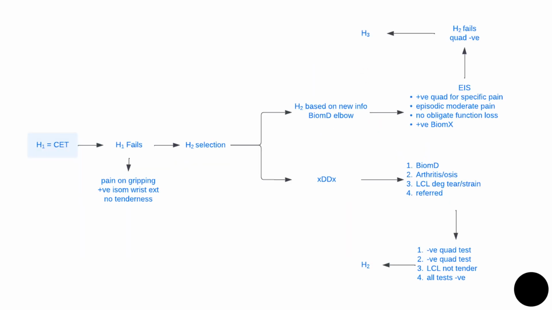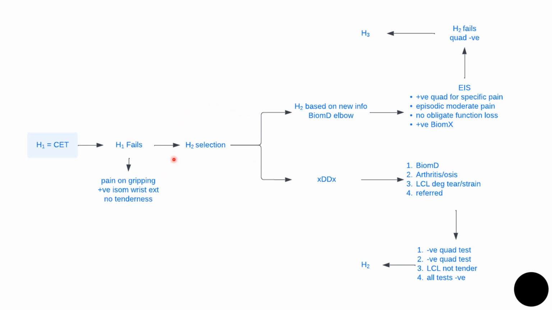Okay, let's look at our first sticky point. We'll say that H1 fails, either because they had no pain on gripping, or because the tendon wasn't tender, or because isometric wrist extension was negative. So at this point, H1 fails. What we're going to say is they had pain on gripping and the isometric test is positive, but the tendon wasn't tender.